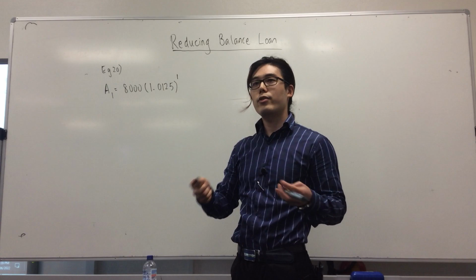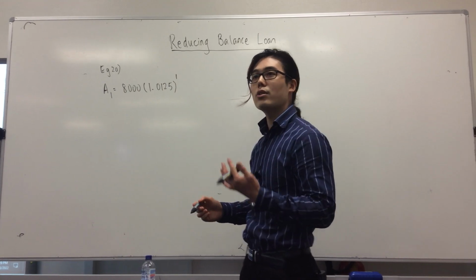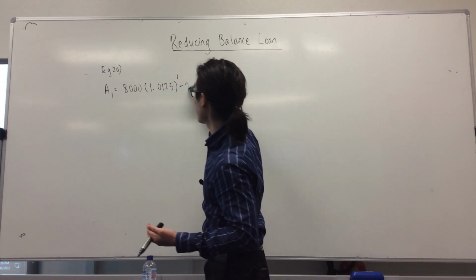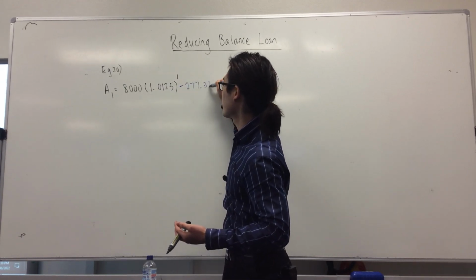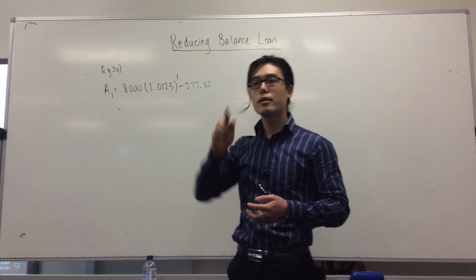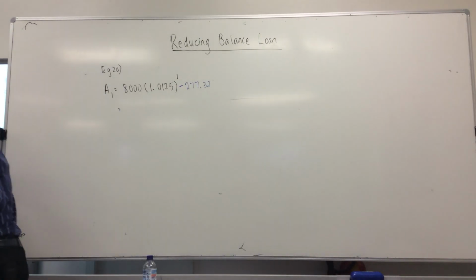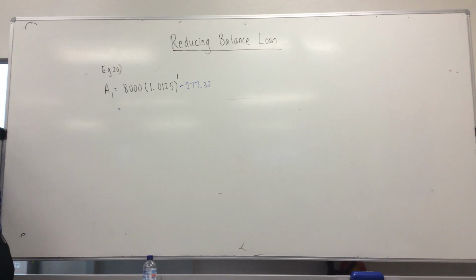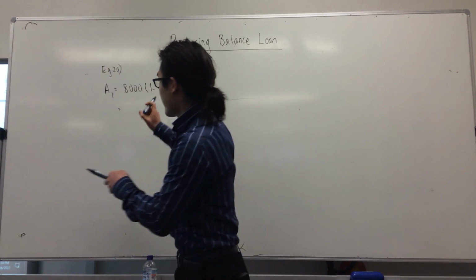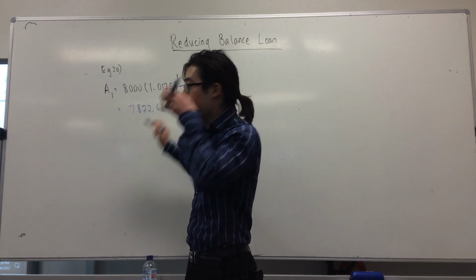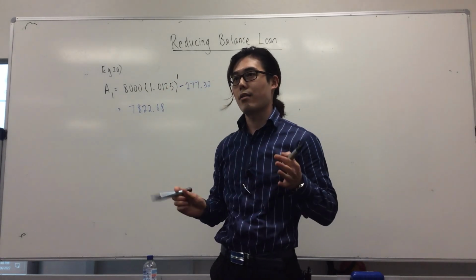But at the end of every month, you're going to be making a monthly repayment. So it's very similar to the example that I did. So there you go. That's how much you're going to owe at the end of the first month. Does that make sense? So you got that amount there, $7,822.68. So that's how much you owe at the end of the first month.